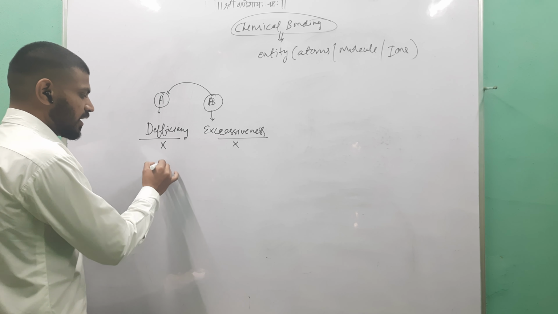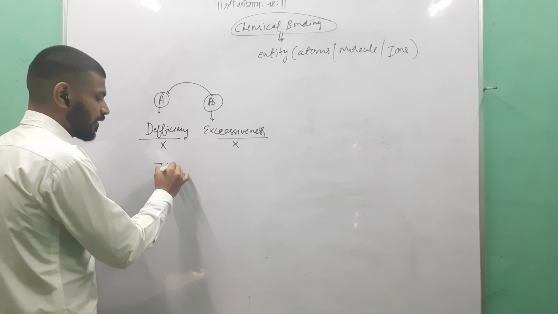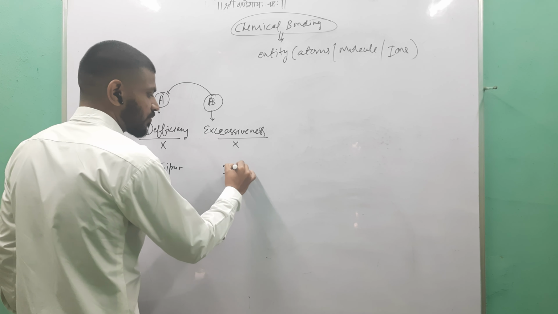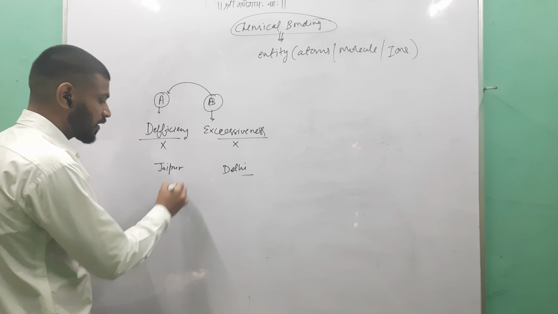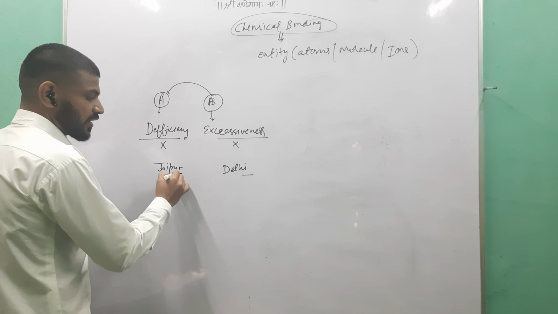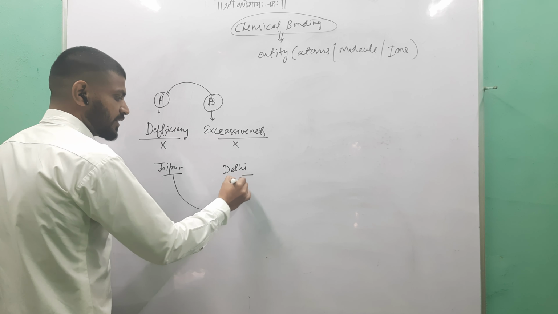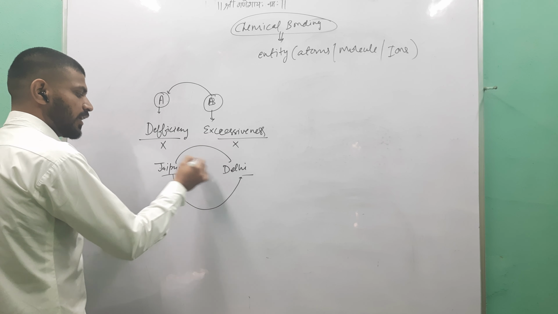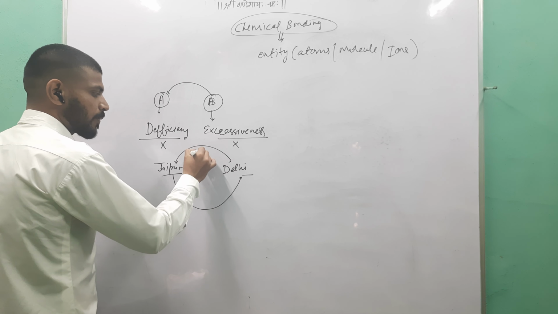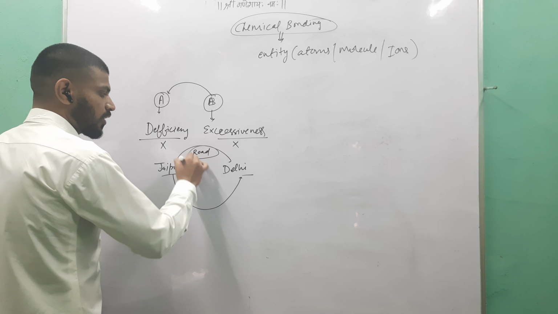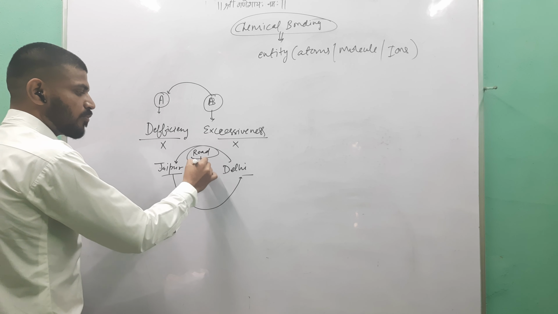Similarly, take two cities, let's say Jaipur and Delhi. We are transporting from Delhi to Jaipur and Jaipur to Delhi, let's say by road. This road is called the bond.